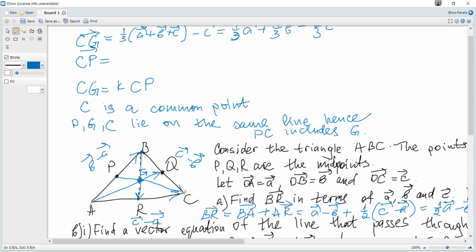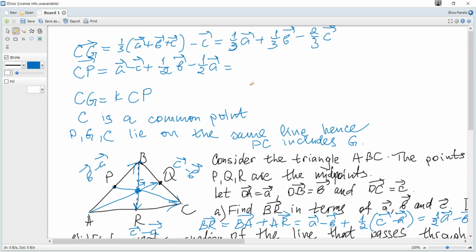CP, from C to P, is CA, which is A minus C, plus a half of AB, and it's just B minus A, so half B minus a half A.